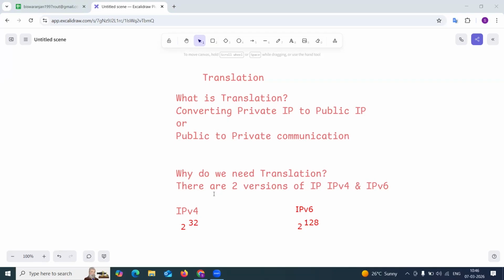Have you guys gone through IPv6? Do you know IPv6? In IPv6, did you learn a translation chapter? In IPv6, did you get any translation? No, you didn't get it. Reason?